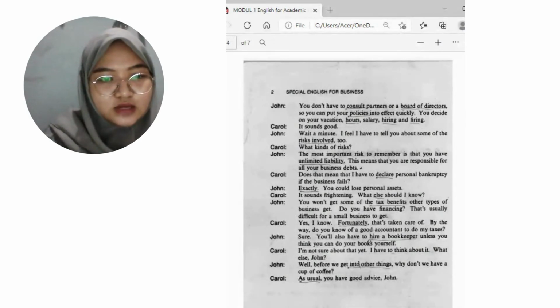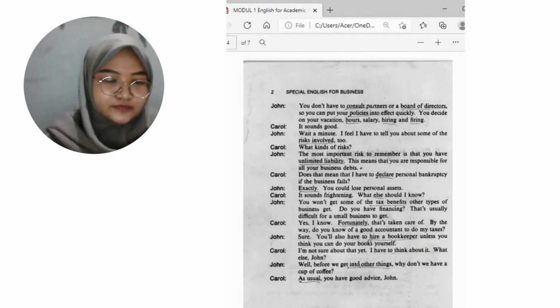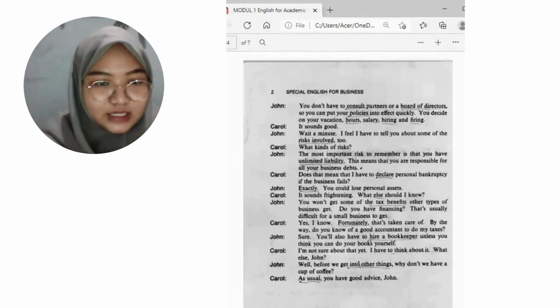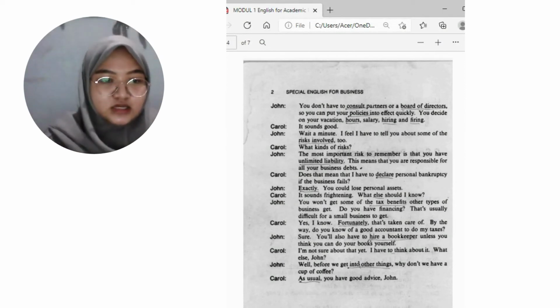John: You won't get some of the tax benefits of other types of business. Financing is also usually difficult for a small business to get. Carol: Yes, I know. Fortunately, they're taken care of. By the way, do you know of a good accountant to do my taxes? John: Sure.